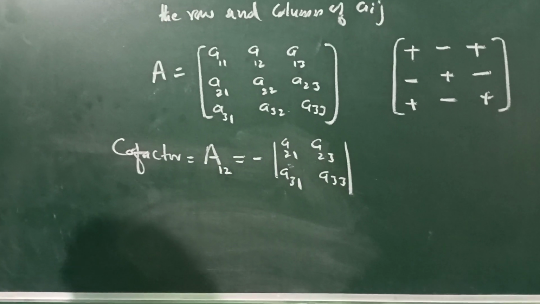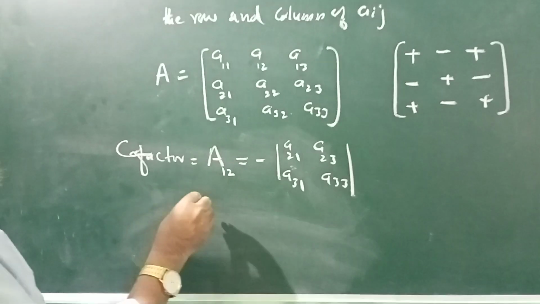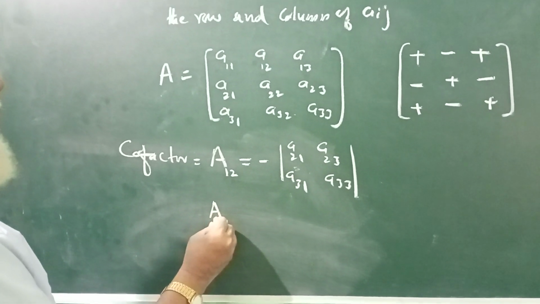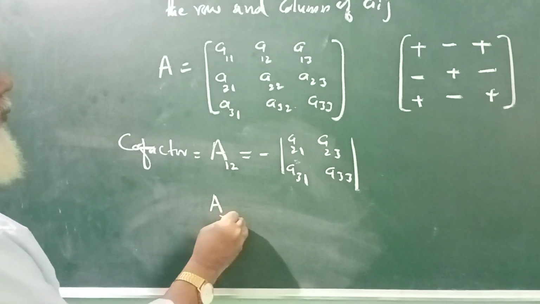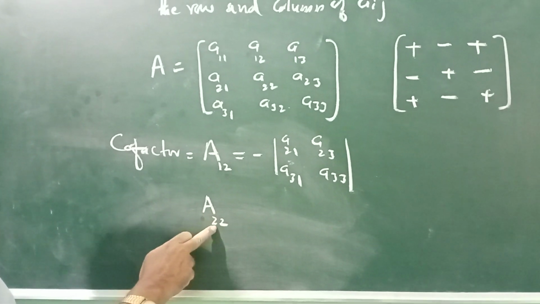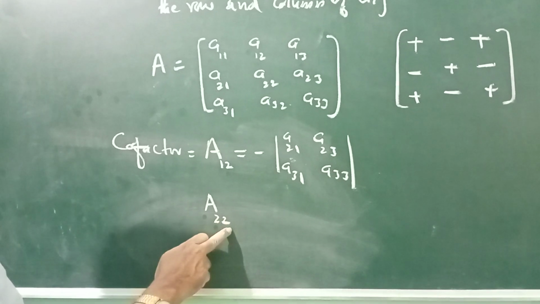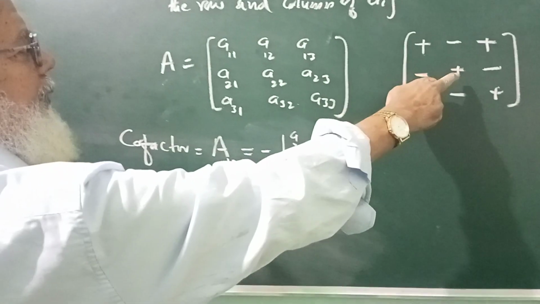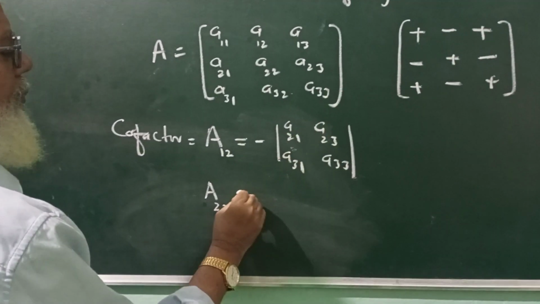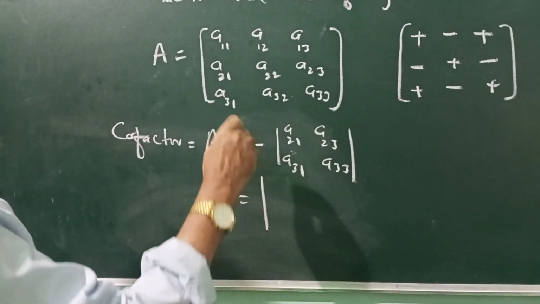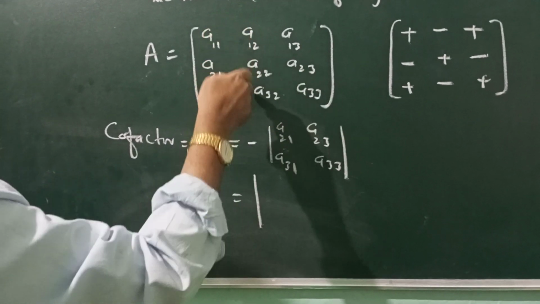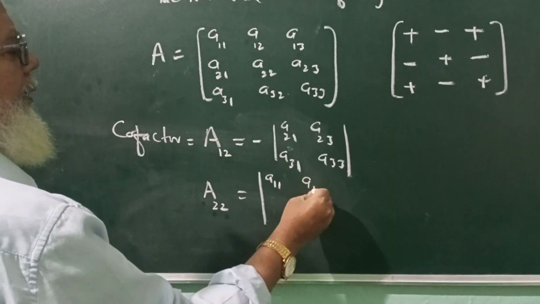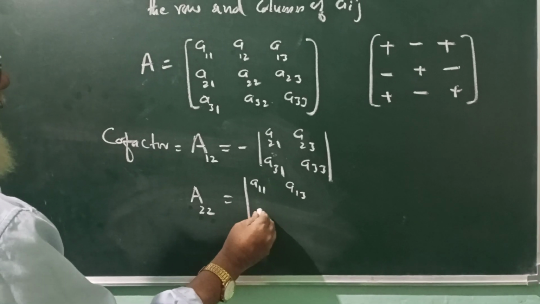Similarly, we can write the cofactor of A22, the element of second row and second column. The corresponding sign is positive. Delete the row and the column, giving A11, A13, A31, A33.